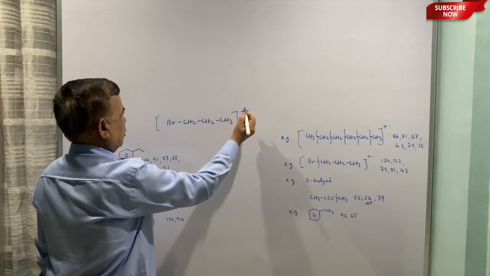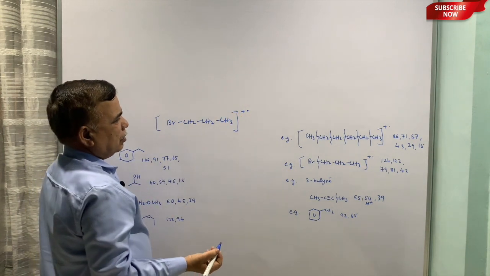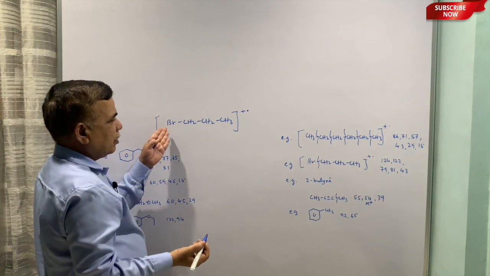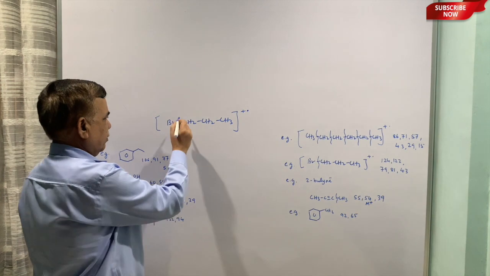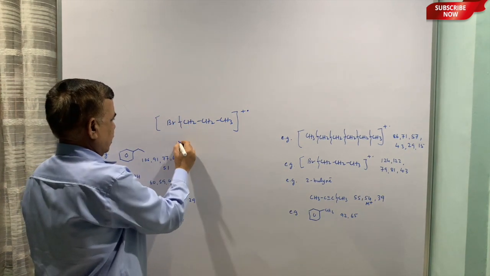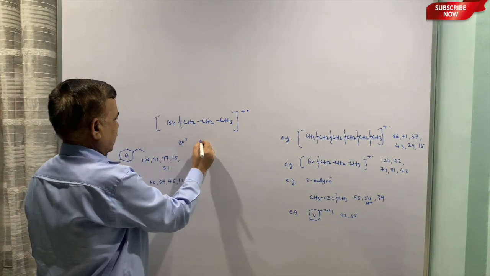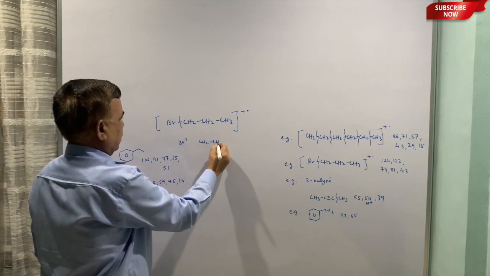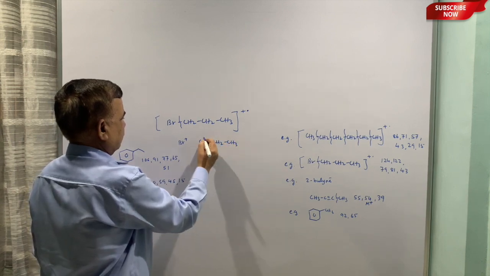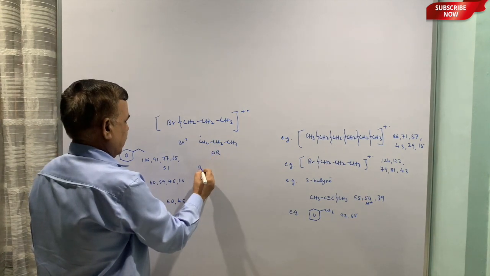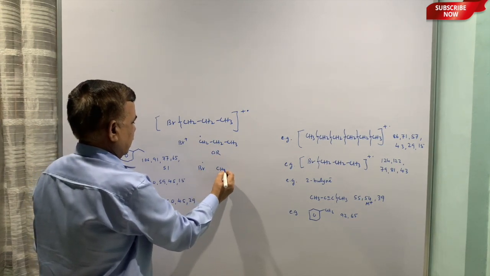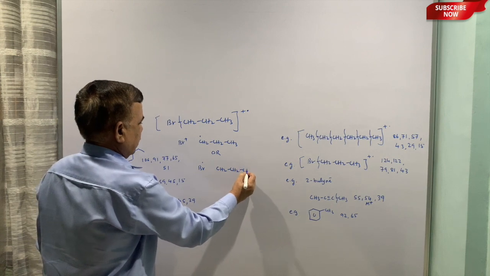Now, in this case also you can put a positive charge on the molecule, or there is another option, you can remove the electron from the heteroatom, but this is the safest way. I can put Br plus and the other part would be a radical, or I can put Br radical and this part as a positive.